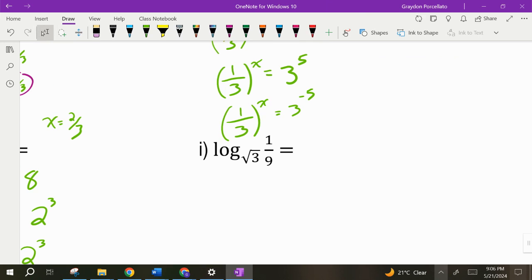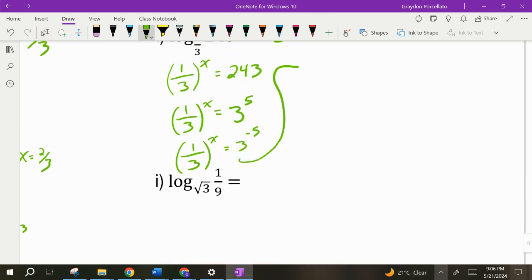I'm just going to do one thing here because notice my bases aren't quite the same in this one. So I'm going to make my bases the same. I'm going to get 1 over 3 to the power of x. And notice how this was negative. I'm going to apply that negative, so that flips it.